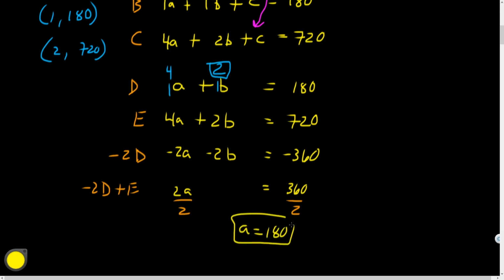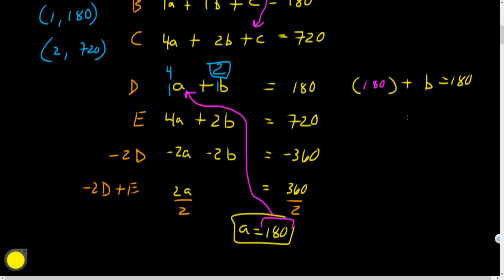Now I know the value of a and I know the value of c. To find b, the easiest place to plug in is right there: plug in for a, 180 plus b equals 180. Oh no, this was an easy one. Everything canceled out so nicely.